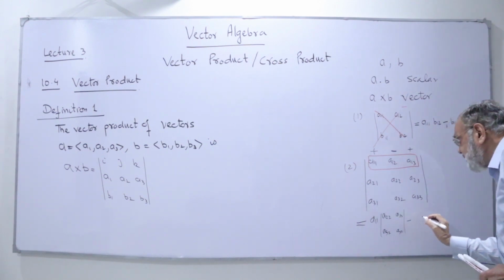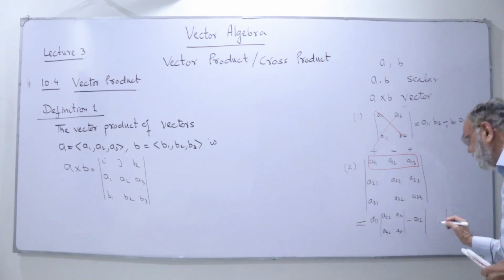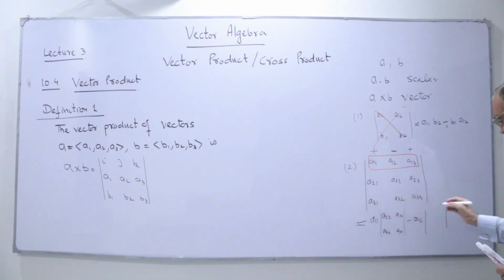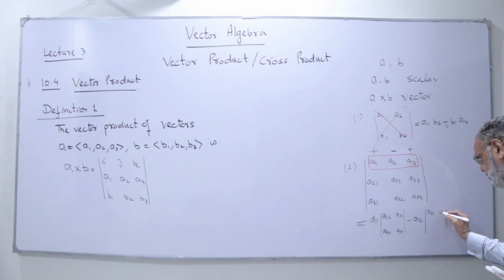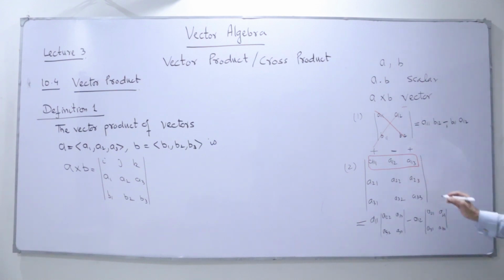So now we get minus, and we write A12. Then, removing this row and this column, we get A21 and A23, then A31 and A33. The last one is A13, so we get plus A13, and because of the cofactor, the sign of this one is positive.